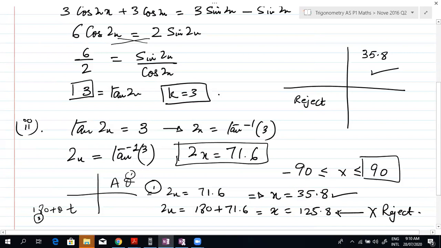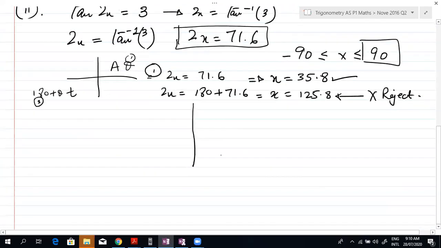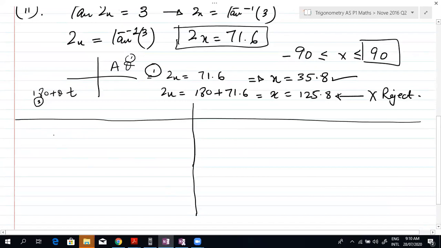Now what happens with the negative 90? Like I said, we haven't done negative ranges. So let me just draw this first and explain to you what happens when we have a negative quadrant. This is where the range is from 0 to 360. That's all positive.